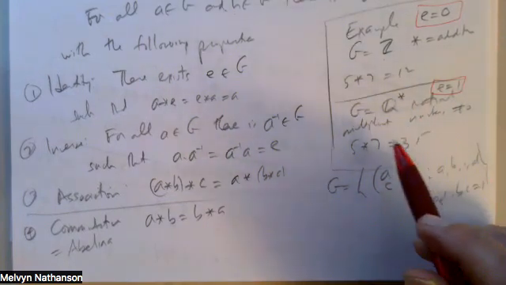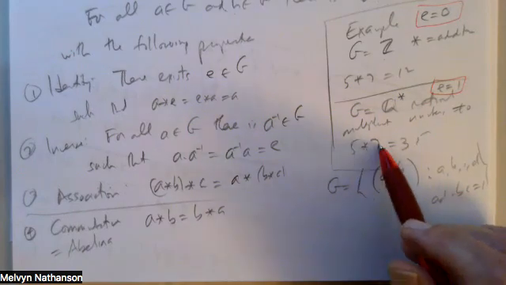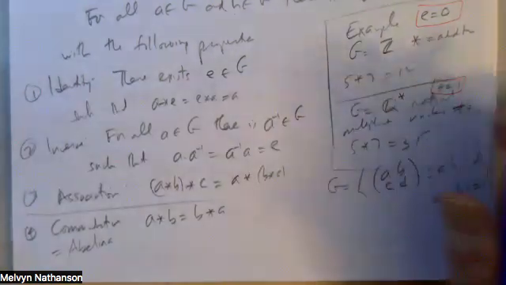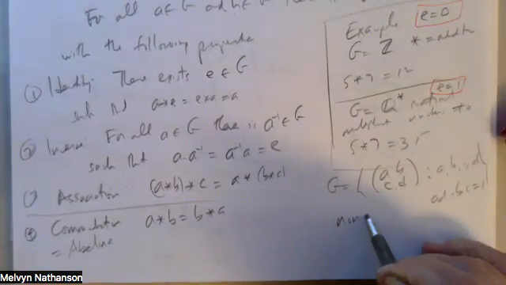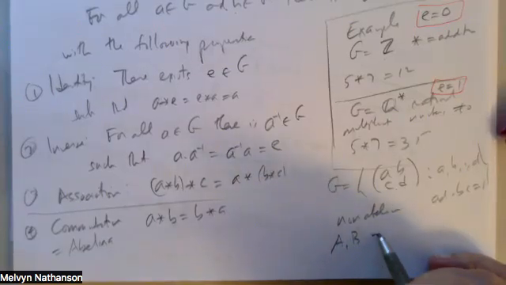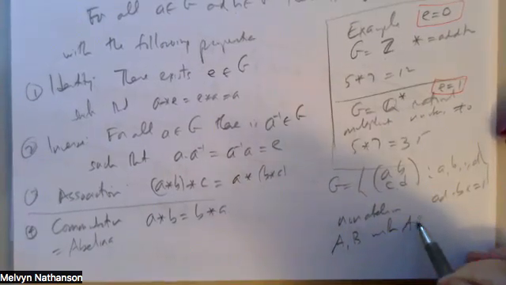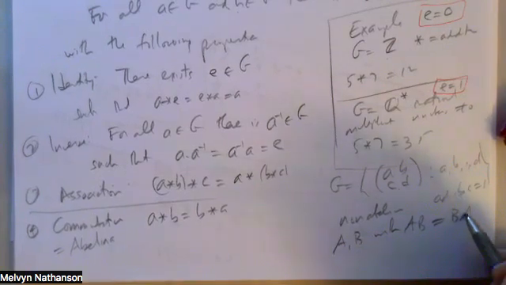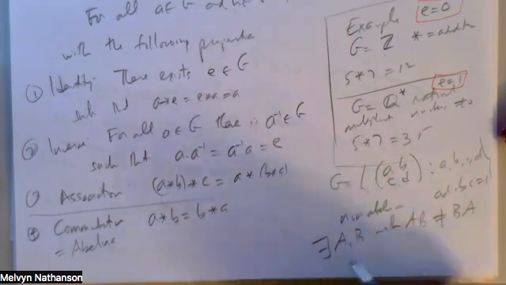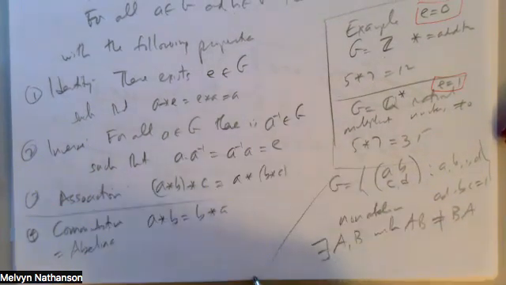Multiplication of rational numbers is abelian. 5 times 7 equals 7 times 5. But multiplication of matrices is non-abelian. So you can have matrices A and B with AB and BA both 2 by 2 matrices, but they're different. So there exist such things.